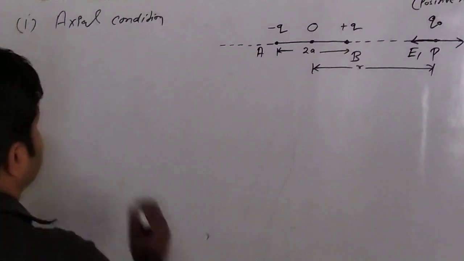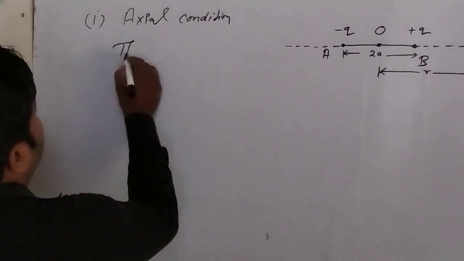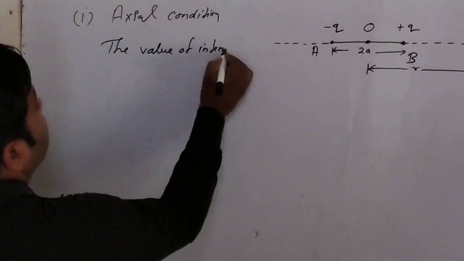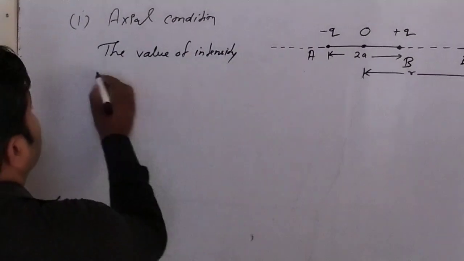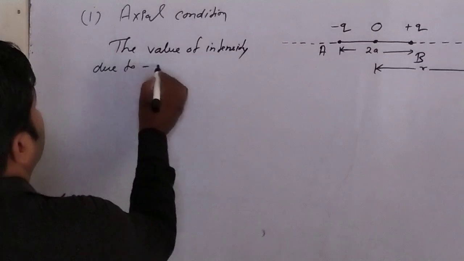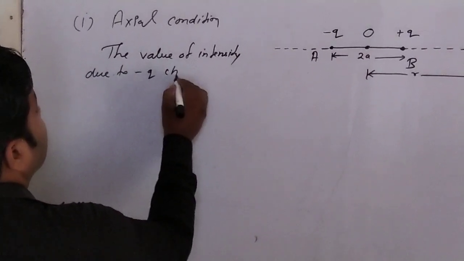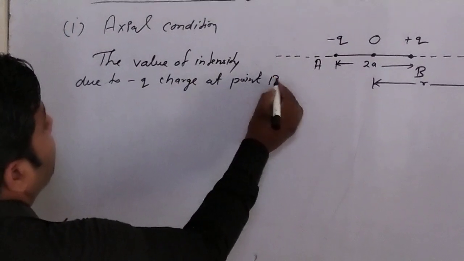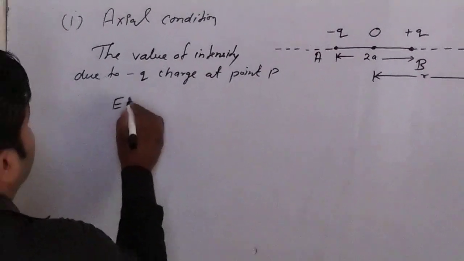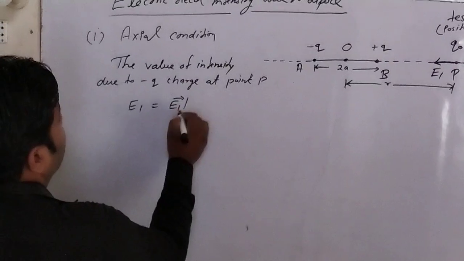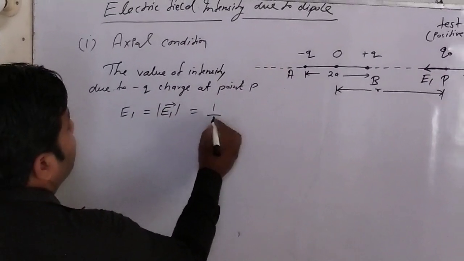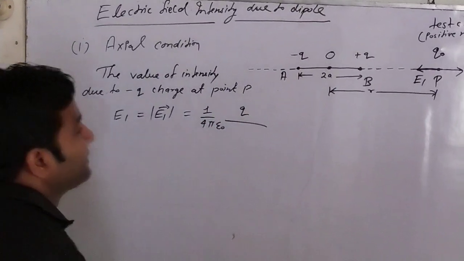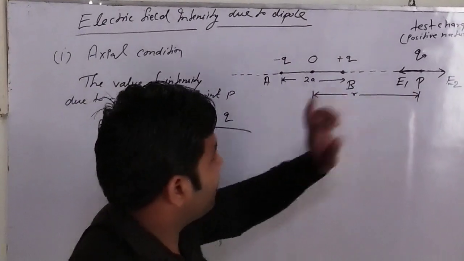Now the value of intensity from the previous concept: the intensity due to the minus q charge at point P, that is E1, is equal to 1 upon 4 pi epsilon naught times q upon the distance of the minus q charge from point P squared.